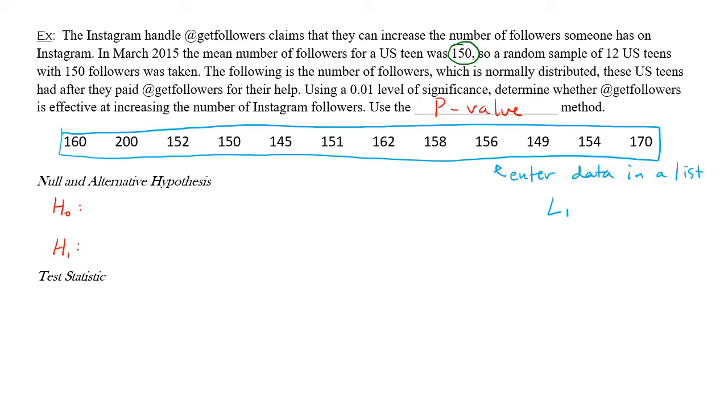These US teens had, this is the mean number of followers that each of these teens had after they paid @getfollowers. So in other words, these are the values that changed, right? So they started with 150 followers, and now they have either increased or decreased by some amount.